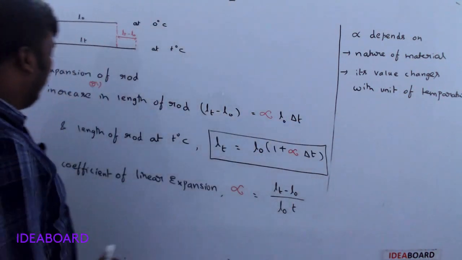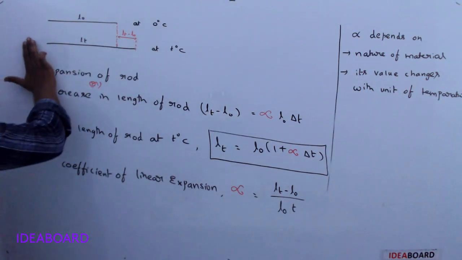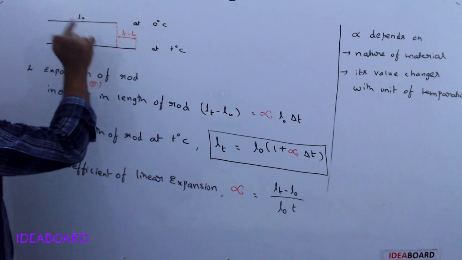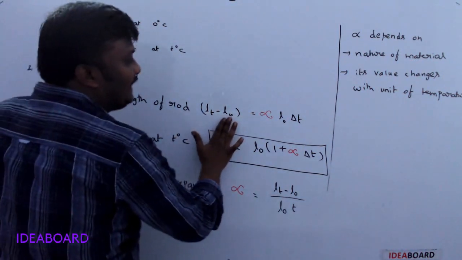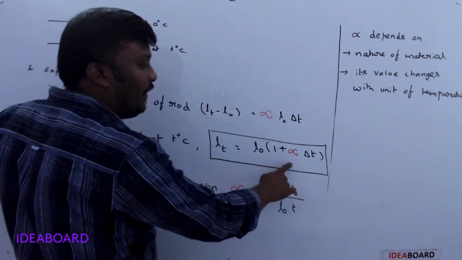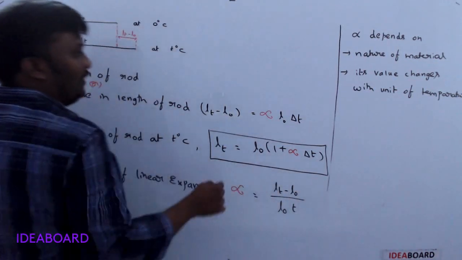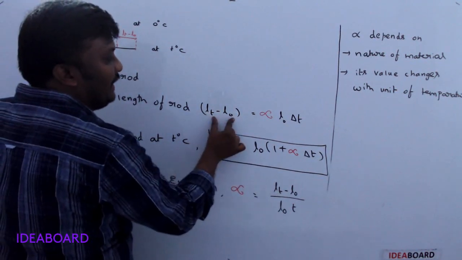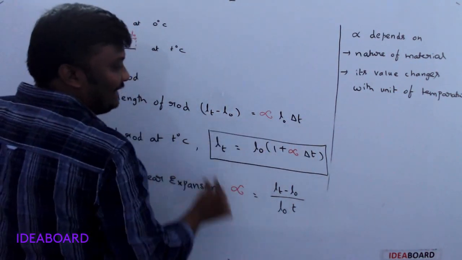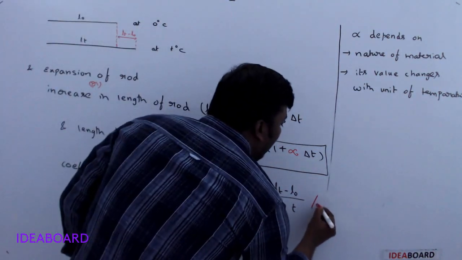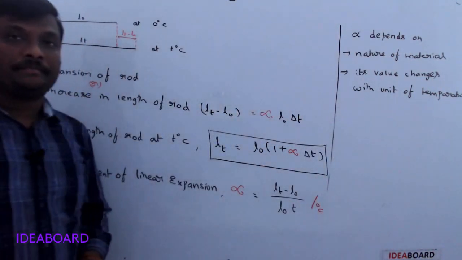Clear? Now, if they ask what is the length of the rod at T degree Celsius, that is LT, then L0 is taken to the other side and L0 is common, and we get this formula. From this formula, the value of alpha is LT minus L0 divided by L0 into T, and its units are per degree Celsius.